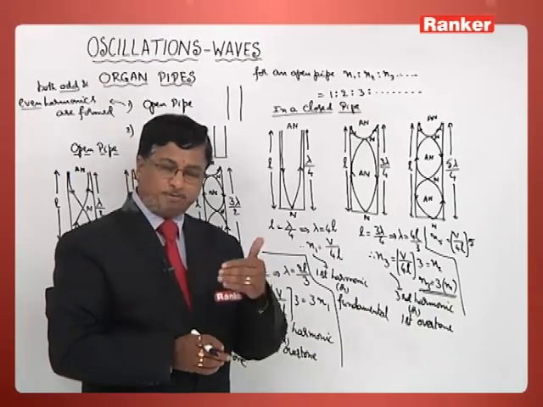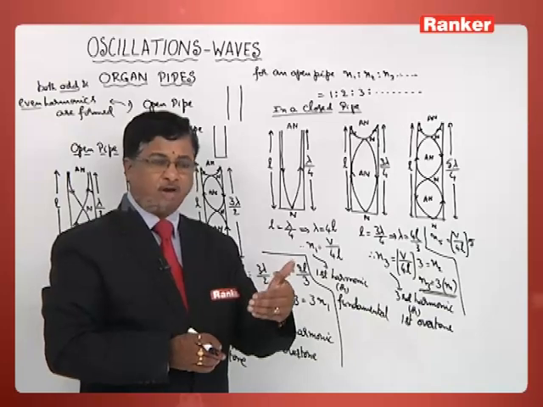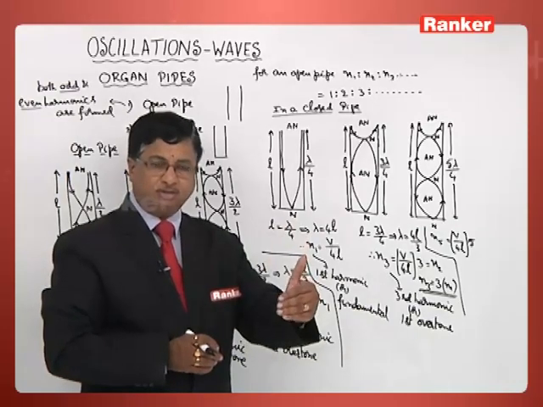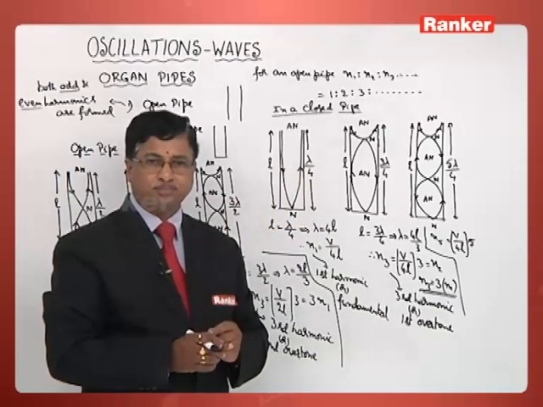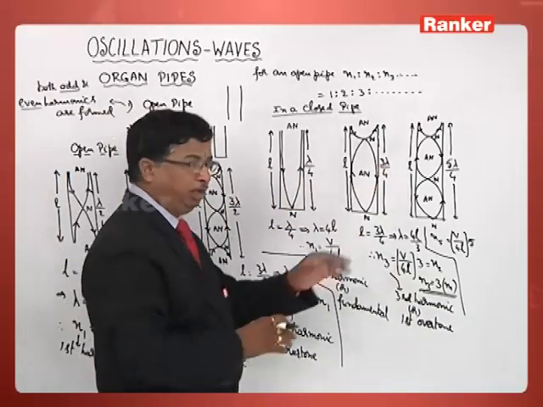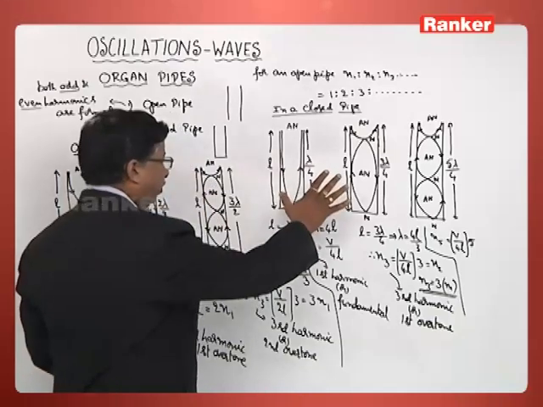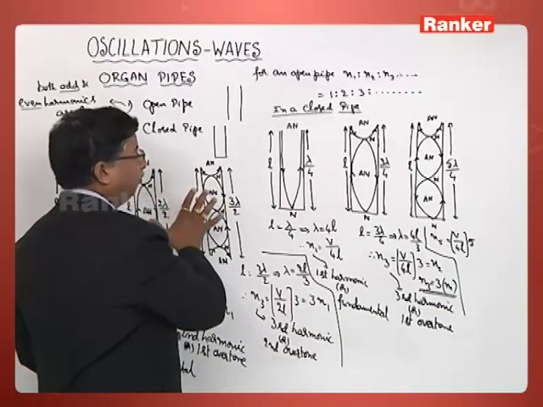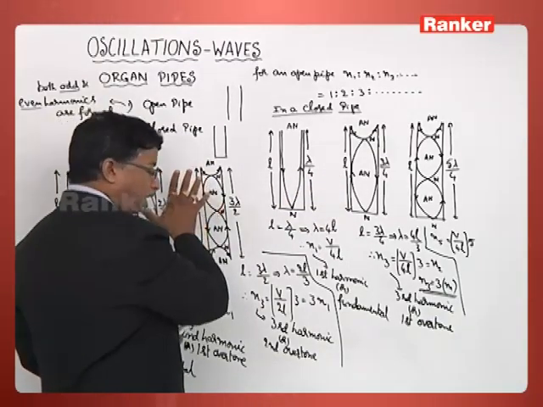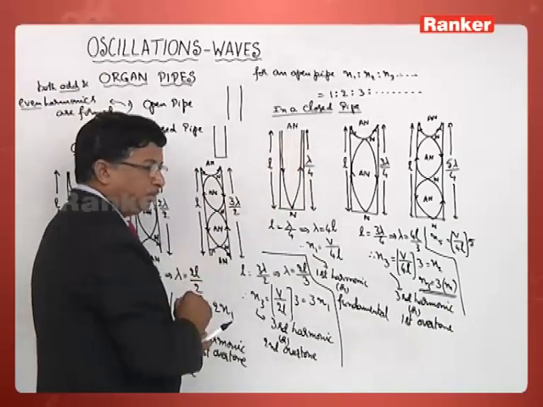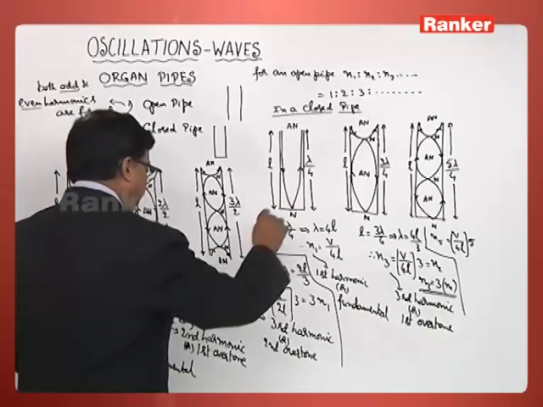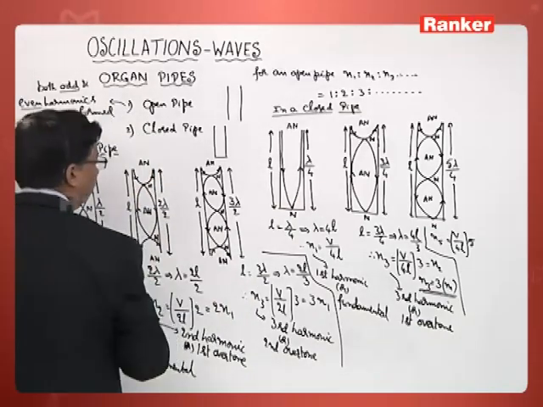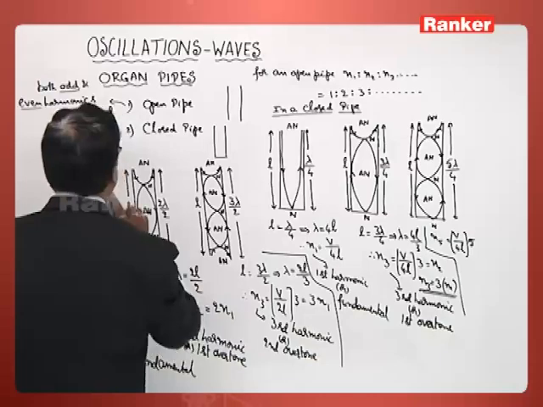Thereby, after the first we get the third, after the third we get the fifth, then seventh, then ninth, and so on in that order. So this is actually the major difference between an open pipe formation of harmonics and closed pipe formation of harmonics.